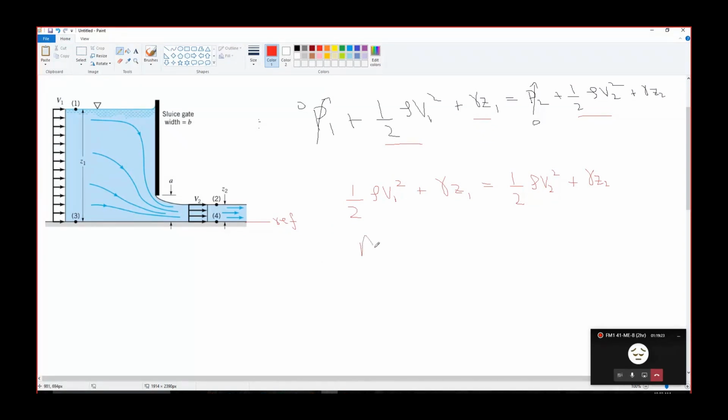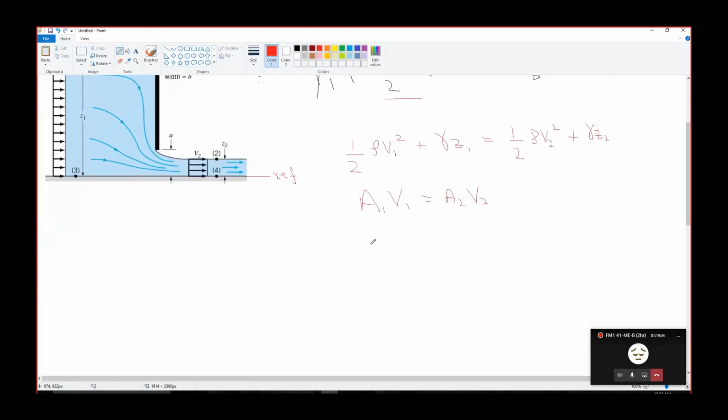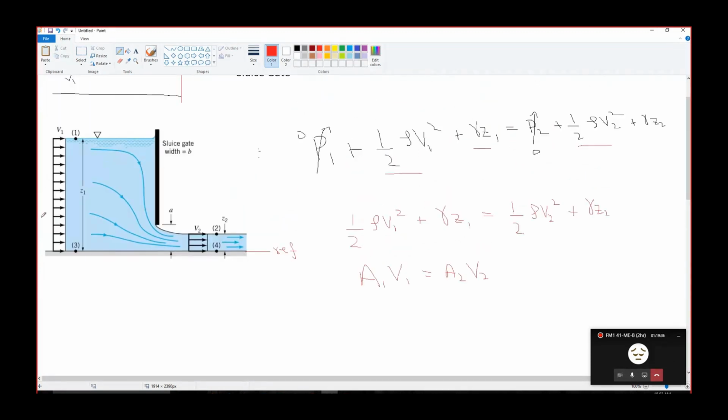We can also write that A1 V1 should be equal to A2 V2, right? What is A1 here?